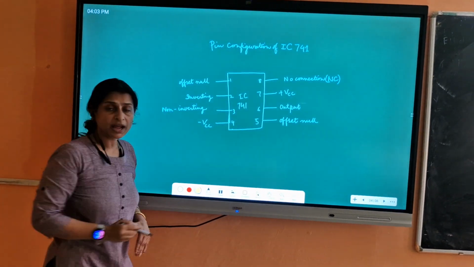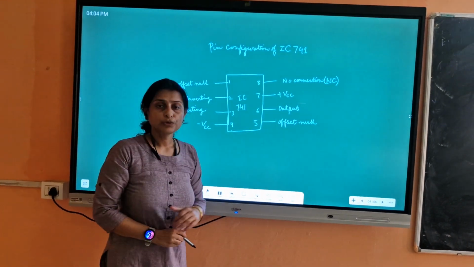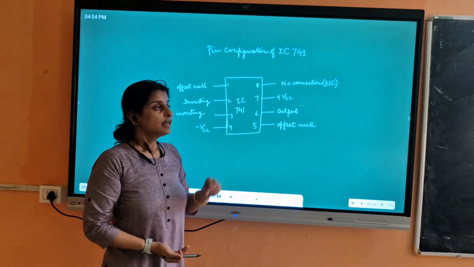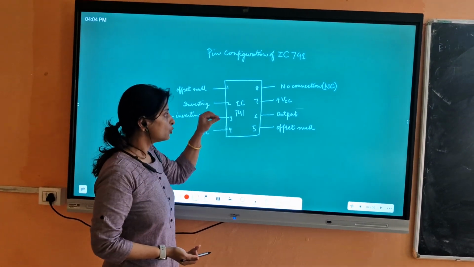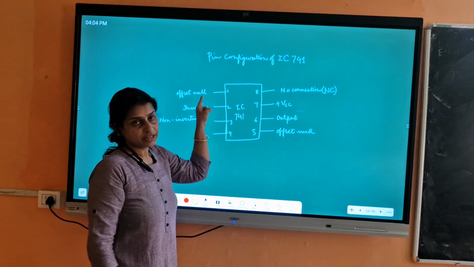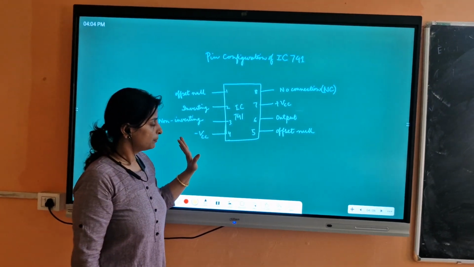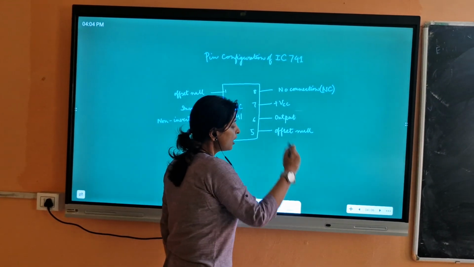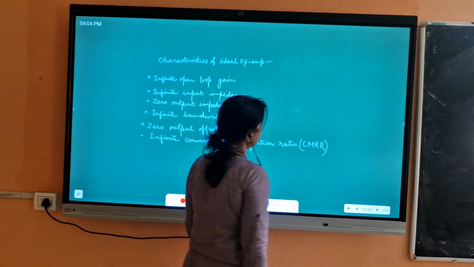Again, if we don't apply any voltage, then also the output should be 0. If we don't get that, then it needs to be balanced. That balancing is done by the offset null pin 1 and pin number 5. So this is the pin configuration of IC-741.